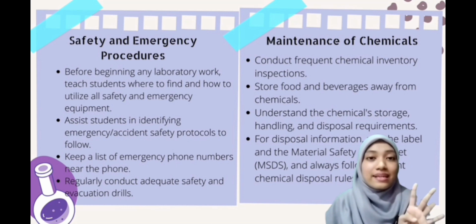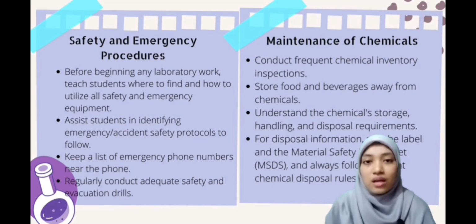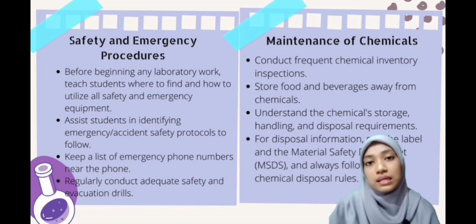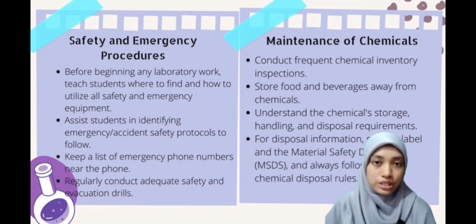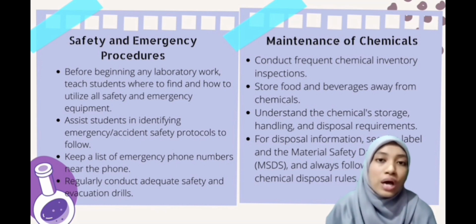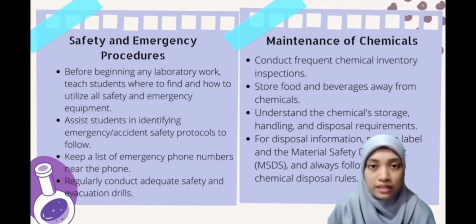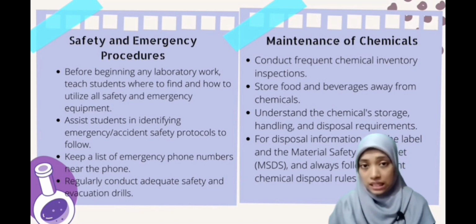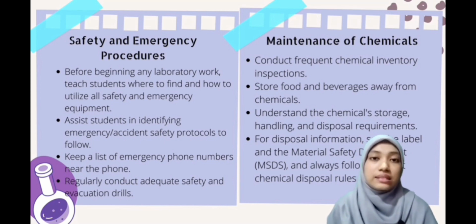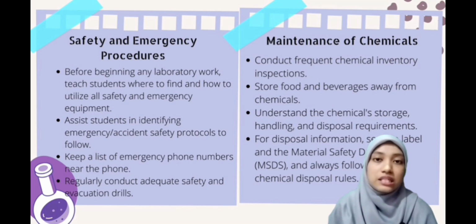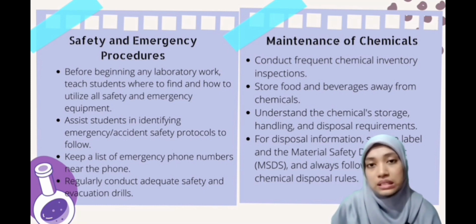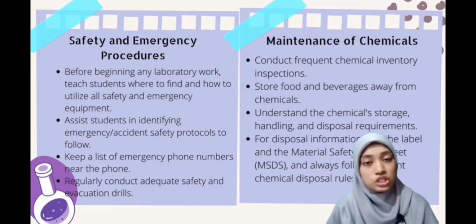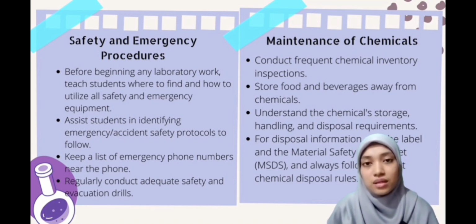Number 4. Maintenance of chemicals. Conduct frequent chemical inventory inspection, as well as updating the chemical inventory at least yearly or as required by the administration, and distribute a copy of the chemical inventory to local emergency responders such as firemen.